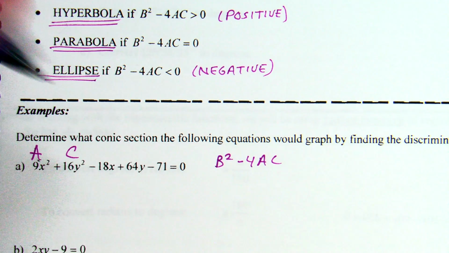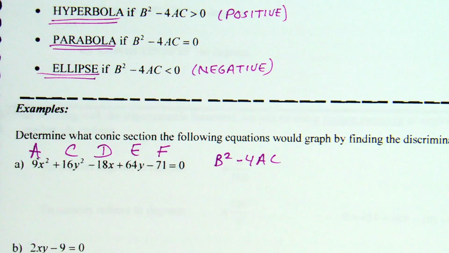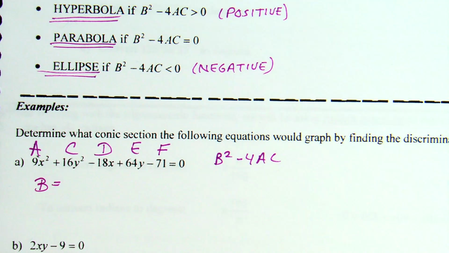D. What is 64? E. And what is negative 71? F. What am I missing? So what's that mean B is? What is B? 0. Because there was no xy term, B is 0.